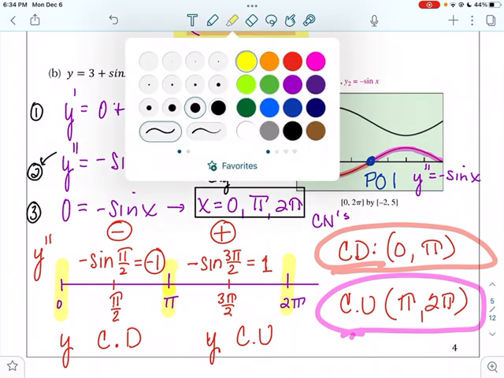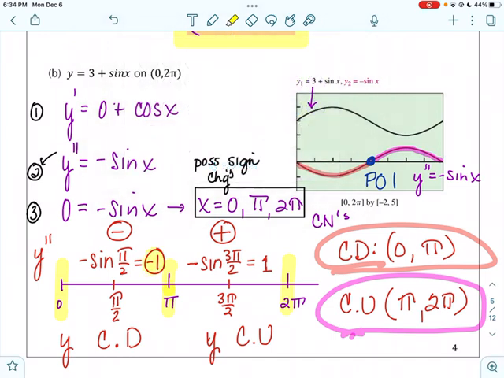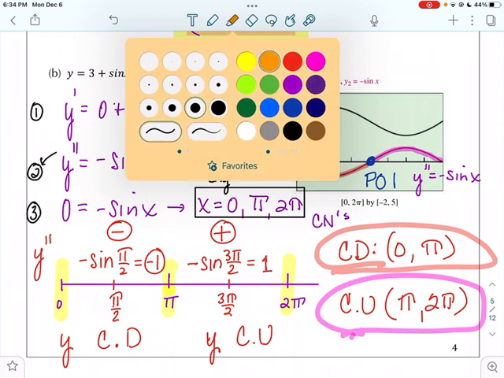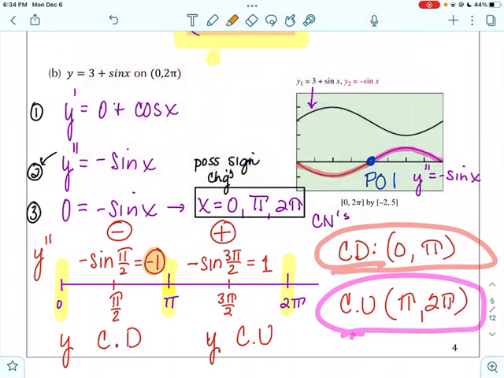So when we do that, we find out that the second derivative is equal to negative 1 when we use the test point of pi over 2. And I picked pi over 2 on the interval at random, but it was easy to say, all right, it's pi over 2. Therefore, on the interval from 0 to pi, the second derivative is going to be negative because our test point pi over 2 was negative.